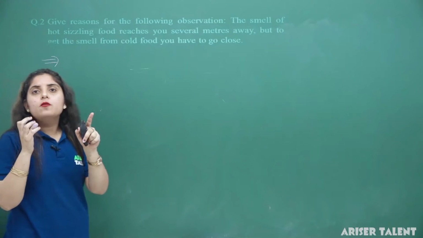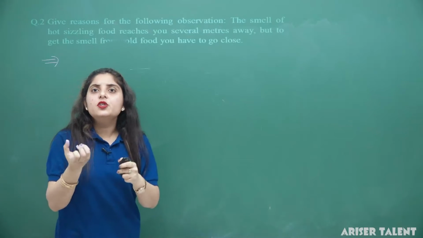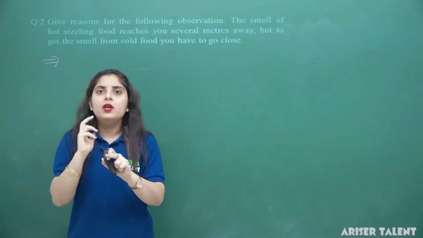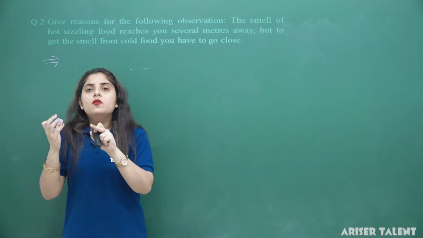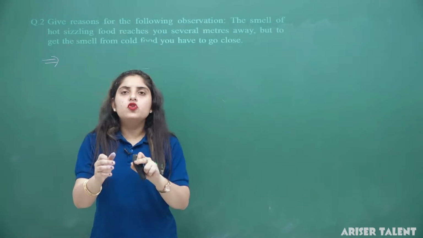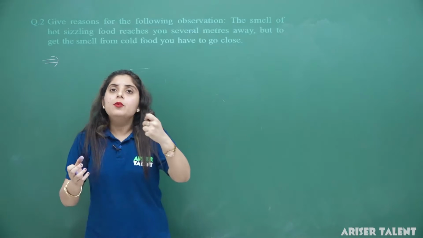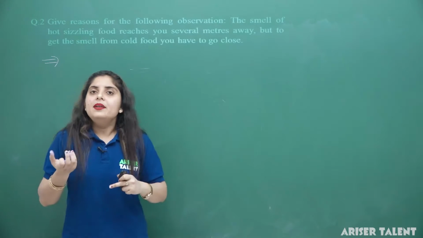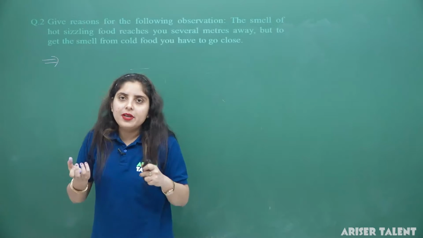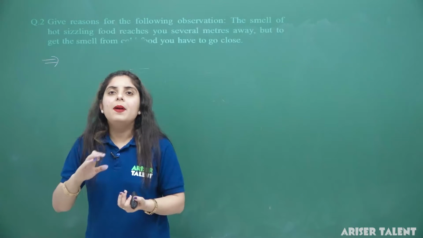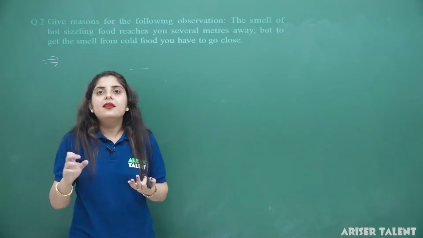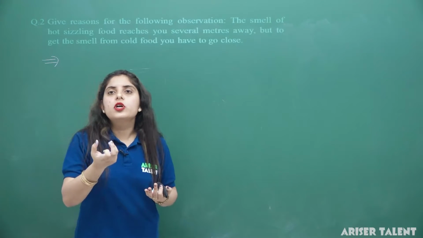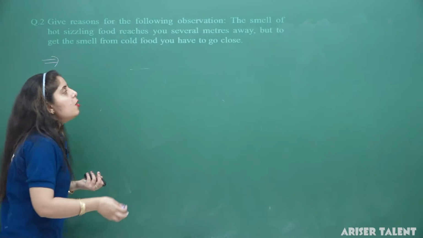The particles of the food, the ingredients used in the kitchen, get mixed with the air around us, and the particles of gases are in continuous motion, so the smell comes to our nose. But in cold food, the particles are not in such continuous motion, so we cannot observe the smell of the cold food.